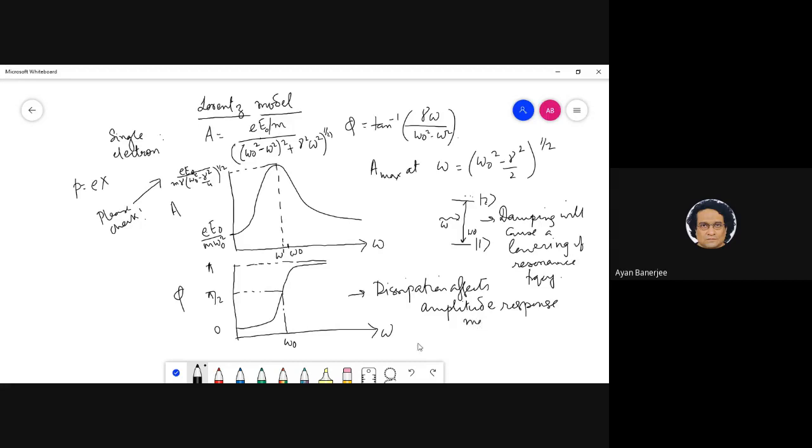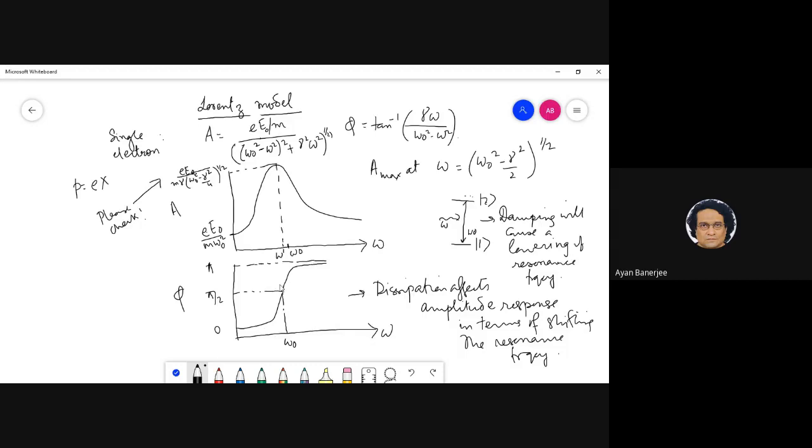By the way, how does dissipation affect the phase?